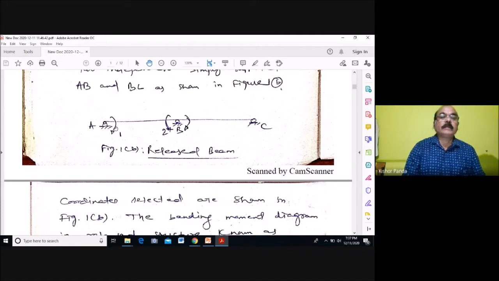And if you are taking the reaction as a redundant force, then you have to take the vertical displacement. So here this is the rotational displacement, coordinate 1, and this is the other coordinate at joint B. Because you are choosing MA and MB as redundant forces, this is coordinate 1 and this is coordinate 2.